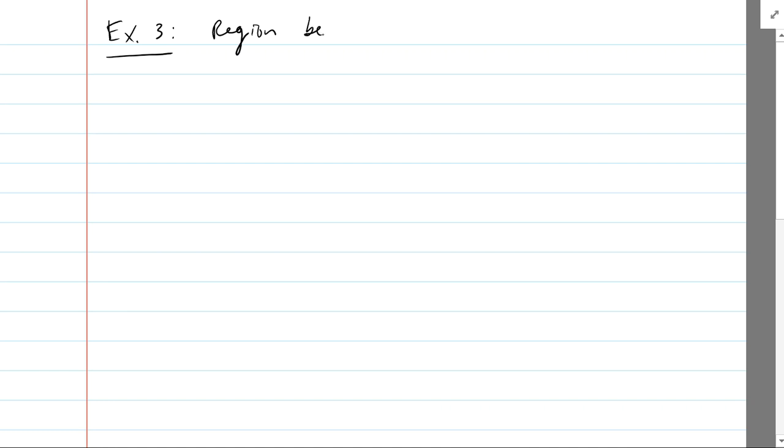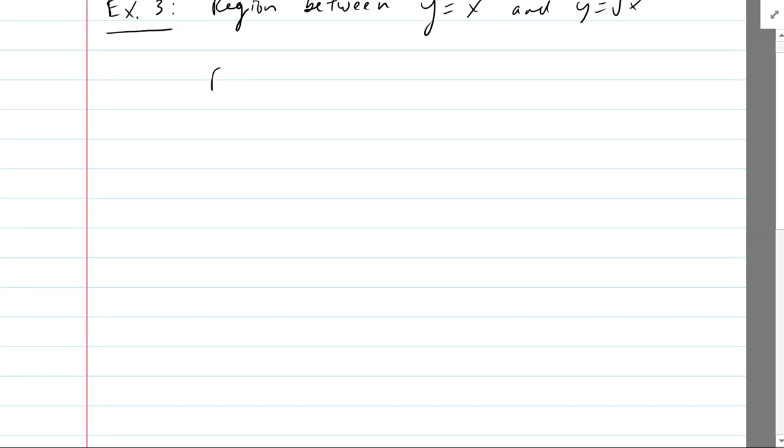It's between my 2 favorite curves. What if it's y equals x squared and y equals square root of x? And we're going to revolve it around y equals negative 1. Find the volume.